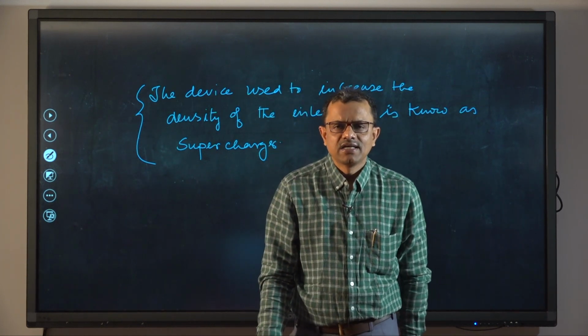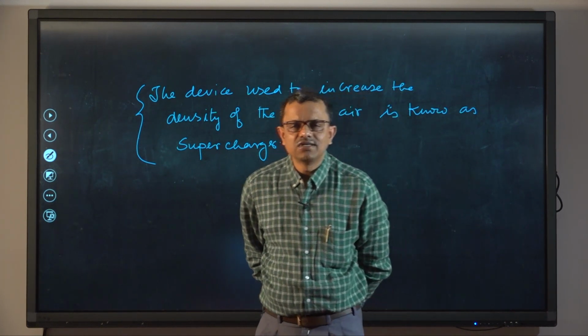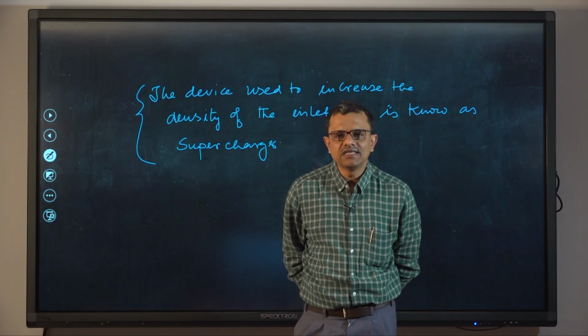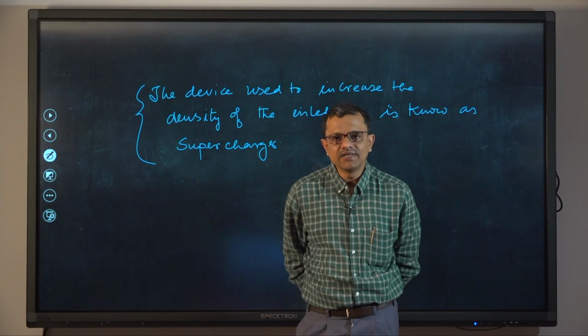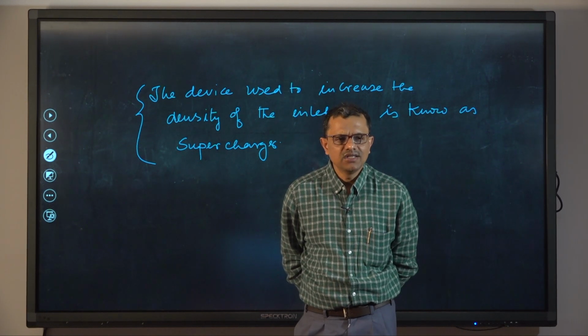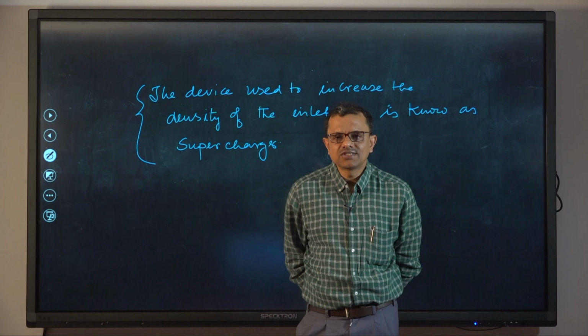Let me tell you one important point in this context: we all know that the compression ratio of an SI engine is limited to 10 or even 12. Why is it so?